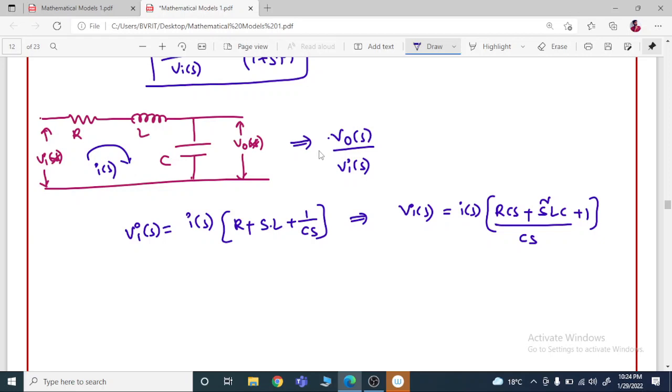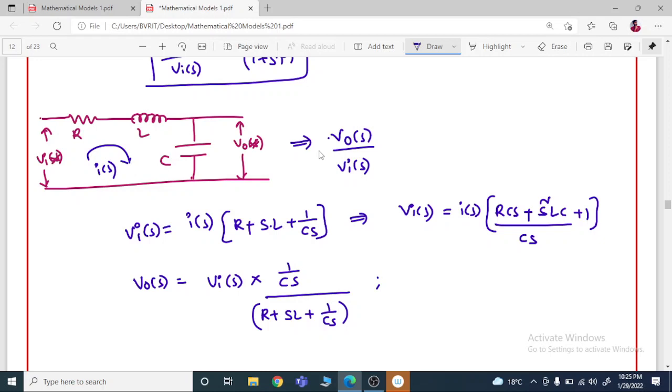Here V naught of S can be total voltage Vi of S into 1 by CS divided by R plus SL plus 1 by CS.